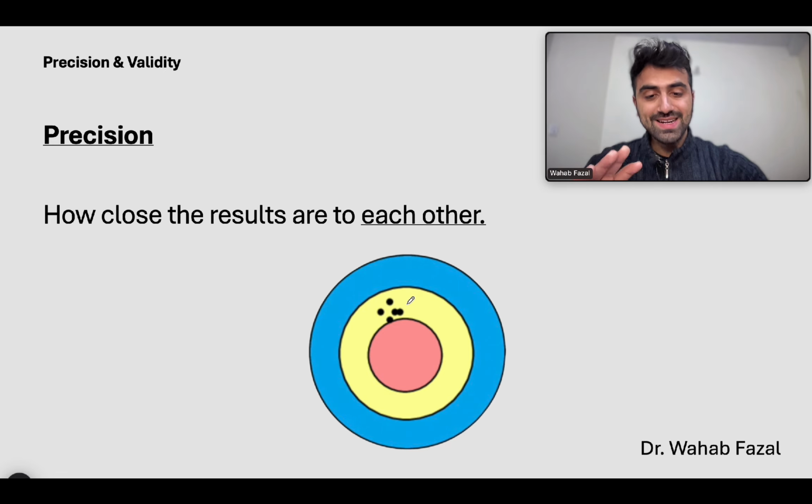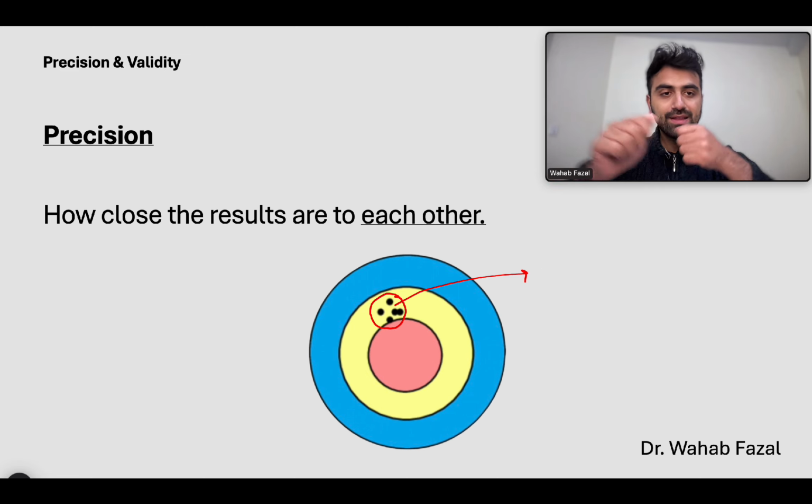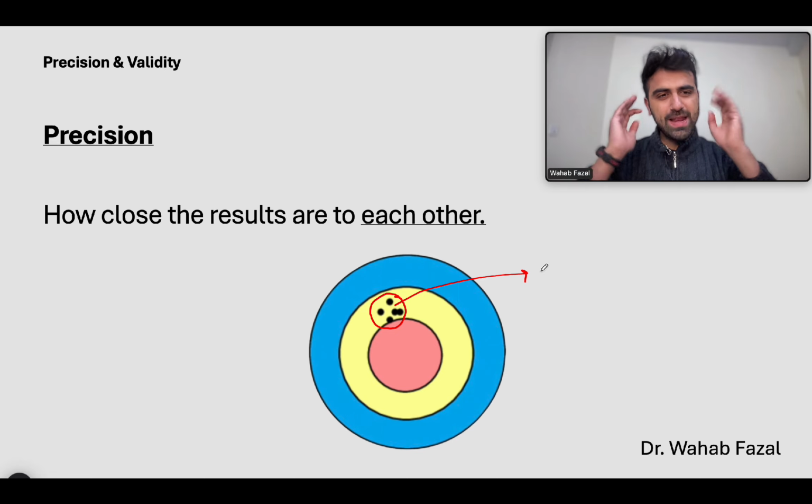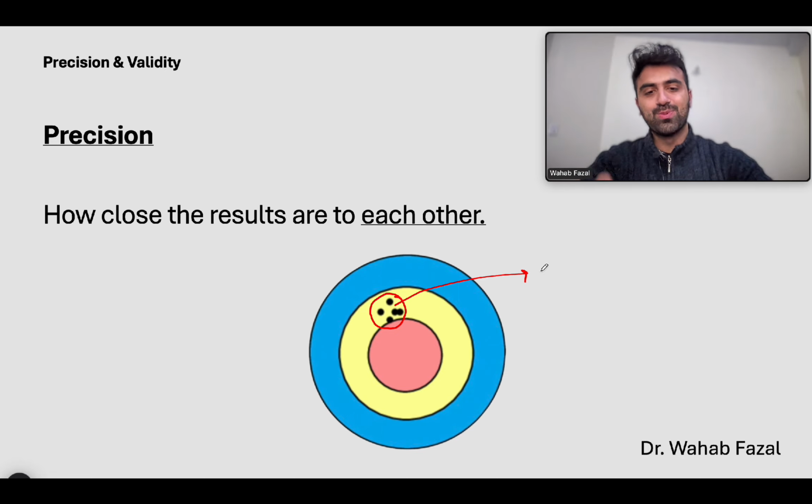What I want you to understand is with the help of this very simple diagram of shooting arrows. Based on how close the arrows are to each other, you can say the person shooting the arrows is very precise. Every time he hits one spot. Now this spot can be somewhere around here as well.